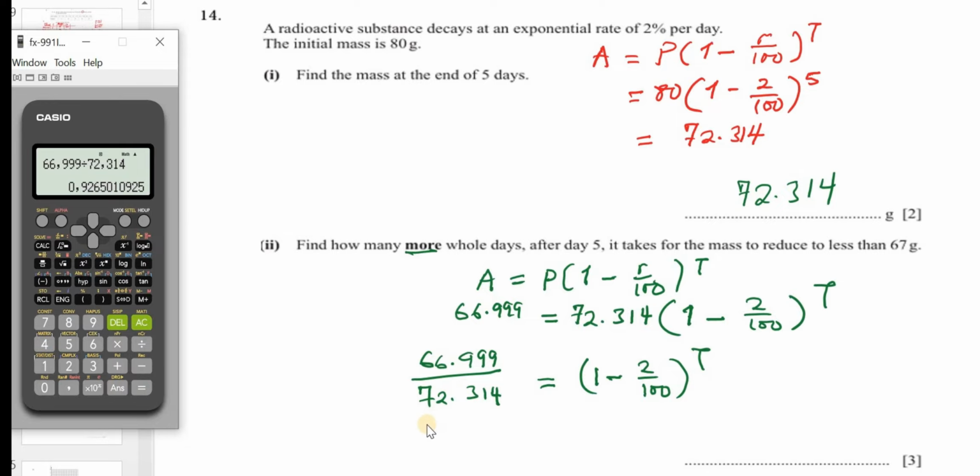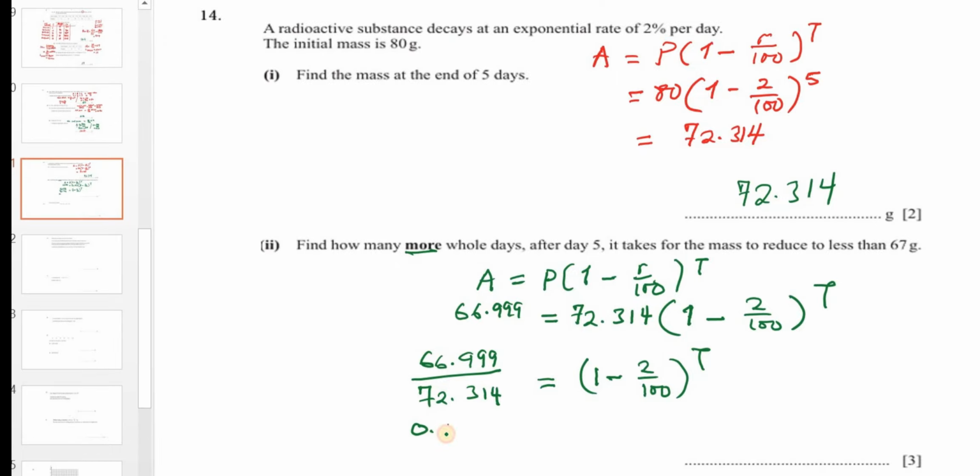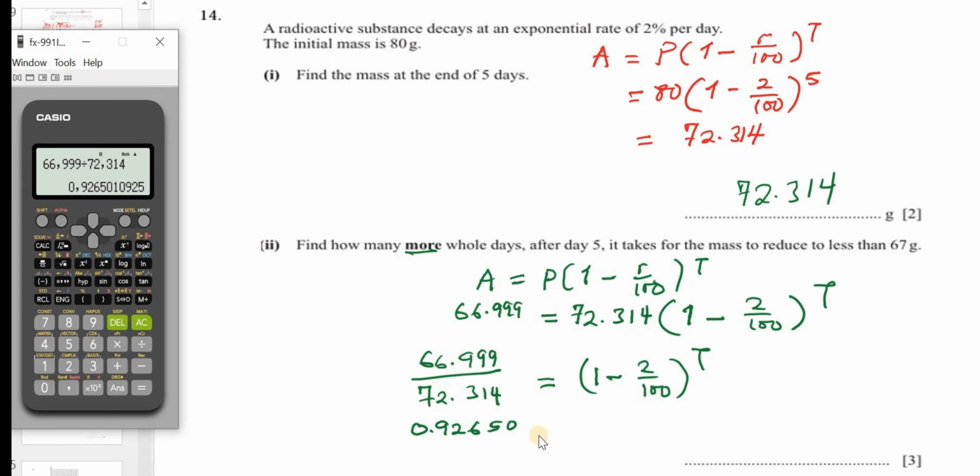I have a very long number, so let me write it out, say 0.9265, or 0.92650.